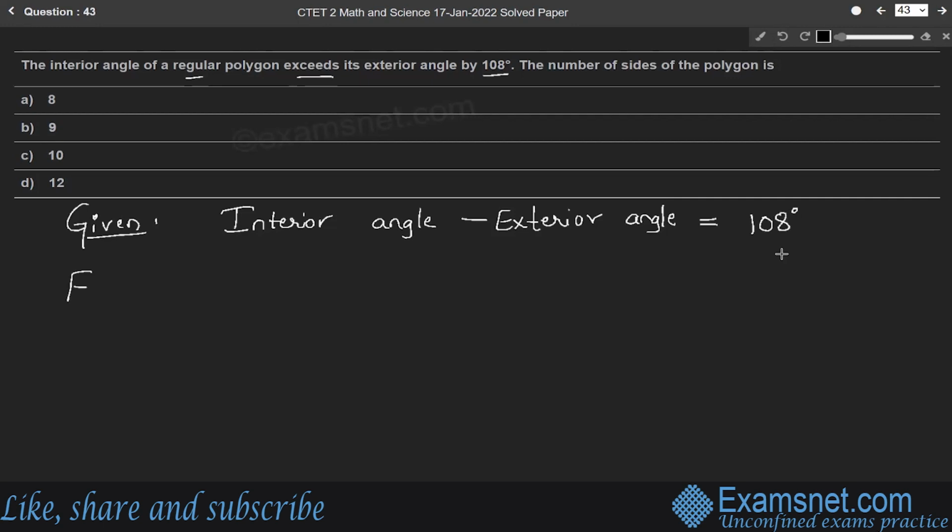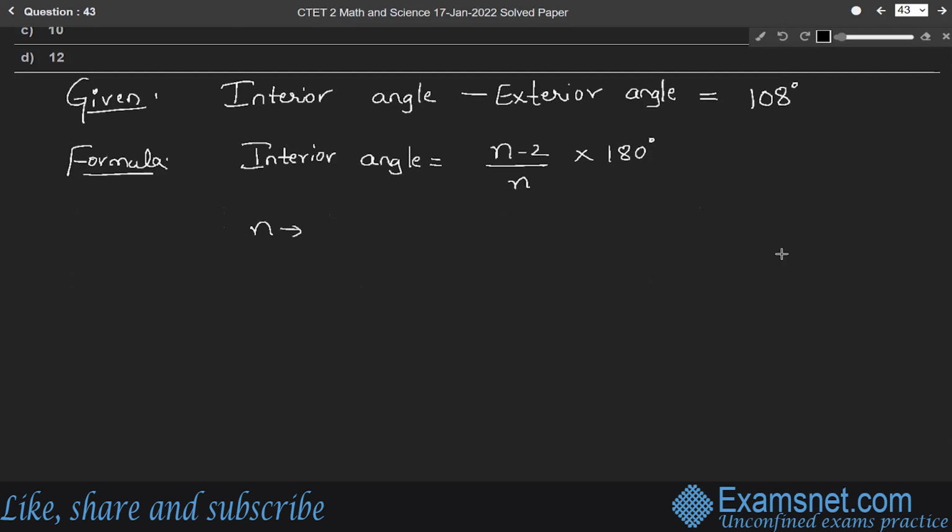So here we are using the formula interior angle is equal to n minus 2 divided by n into 180 degree, where n is the number of sides of a regular polygon, right?